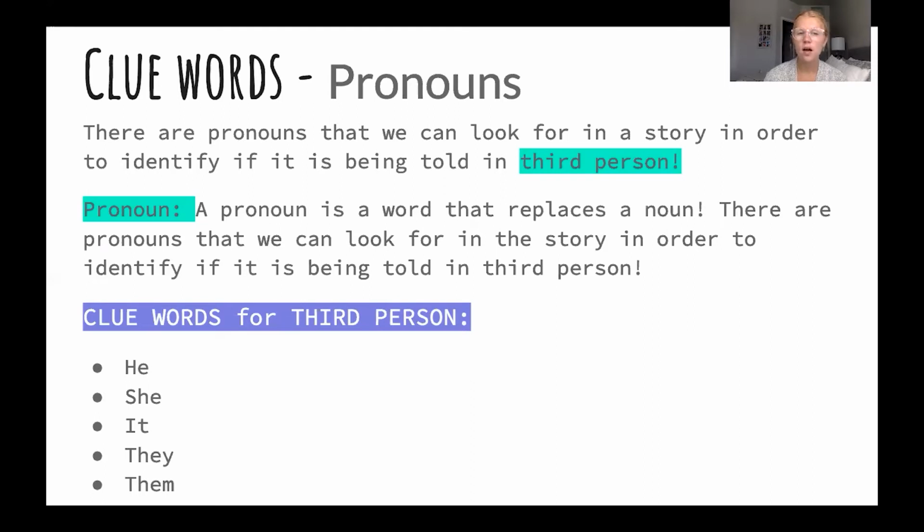These words are clue words for third person text because these are words used to talk about other people and other things. If the narrator were talking about themselves, they would say I or me. But in third person, we're talking about someone else in the story, so we're saying he or she, or it, or they, or them.